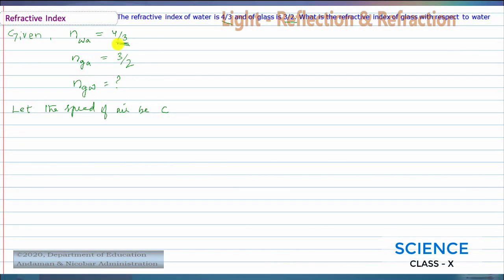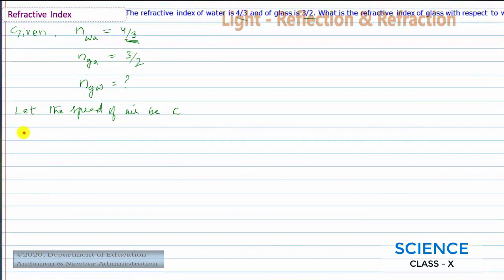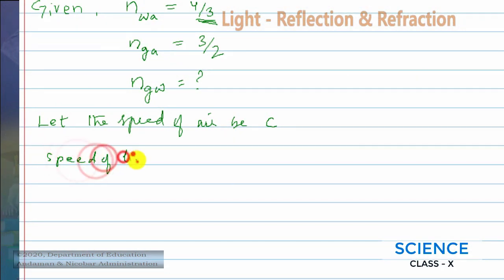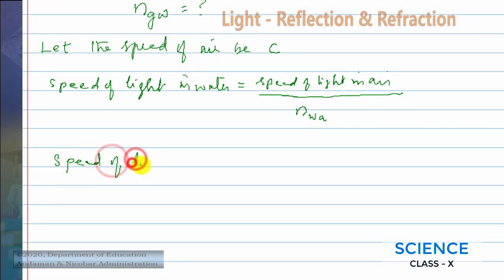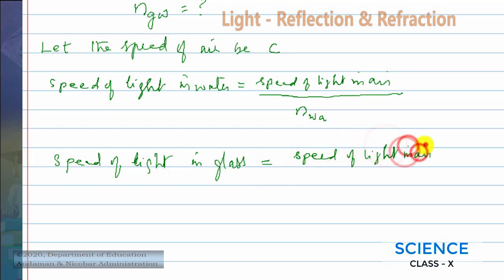As the refractive index of water is given, the equation can be written as speed of light in water equals speed of light in air divided by the refractive index of water, NWA. Similarly, the speed of light in glass can be written as speed of light in air divided by the refractive index of glass, NGA.